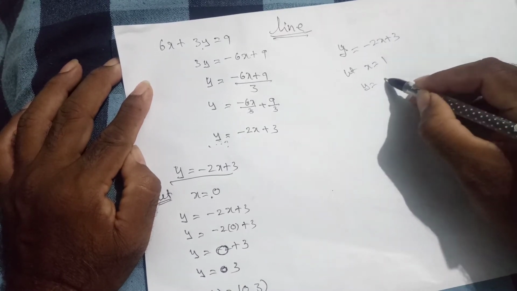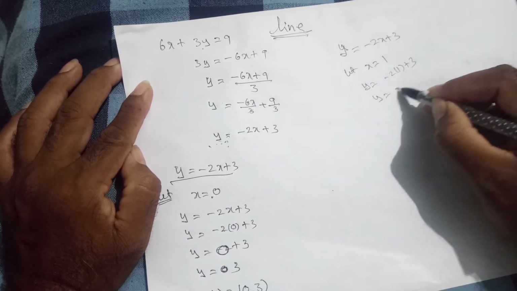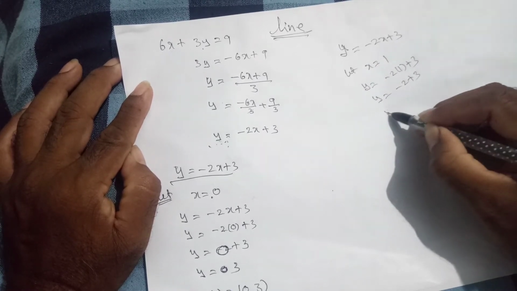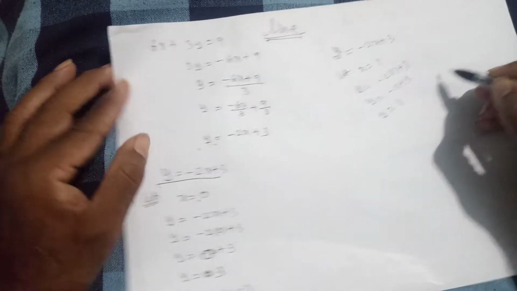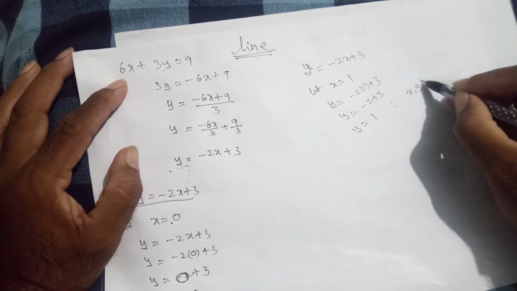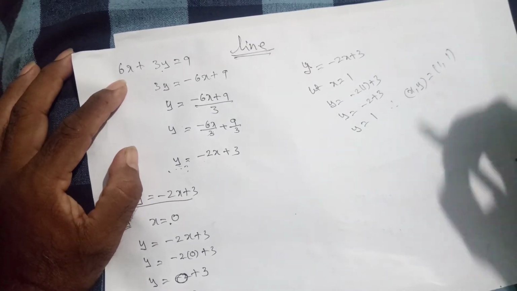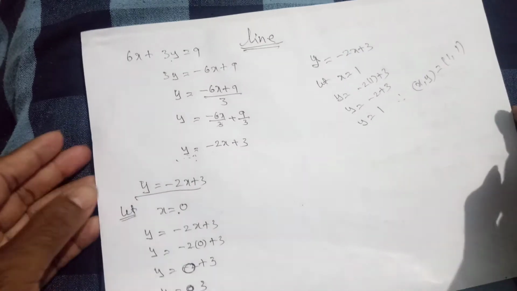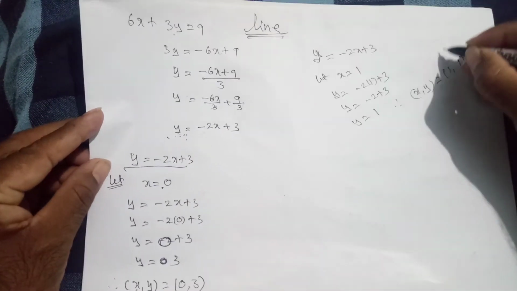Therefore y is equal to minus 2 of 1 plus 3. y is equal to minus 2 plus 3. y is equal to 1. Therefore x comma y is equal to 1 comma 1. Here is another coordinate point.